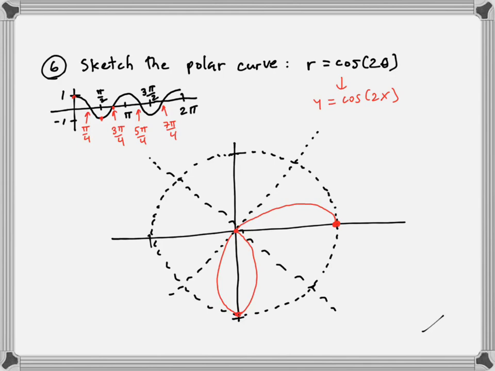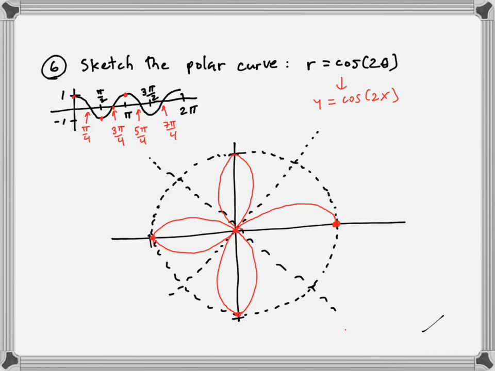Next, we want to get to this point. This is the point where the angle's pi, and then we're at 1. Okay, pi, 1, that's right over here. So we know it goes like that. And we're halfway done with the picture. If we continue on with this logic, what's going to happen is that this is going to go like this, and then we're going to go like this, and then finally the last piece is going to be like that.